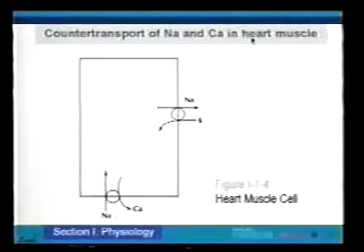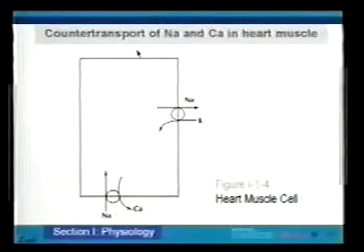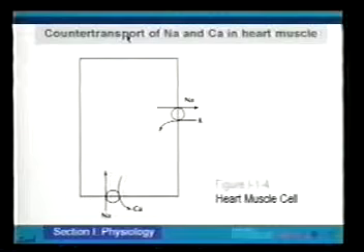There is another example in your handout here, the countertransport of sodium and calcium in heart muscle. Now, countertransport simply means that the two different substances or particles are transported in opposite directions.